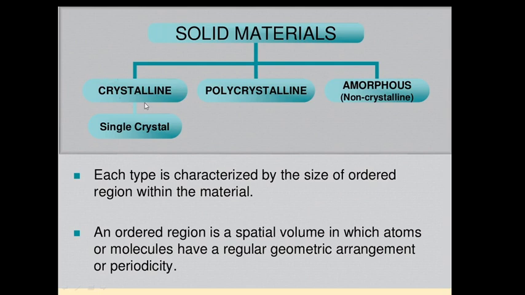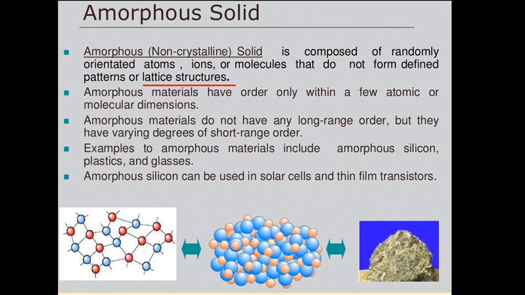Anyway, the crystalline material is the ordered, specific material, and has one more subcategory, that is a single crystal. What is an amorphous material?